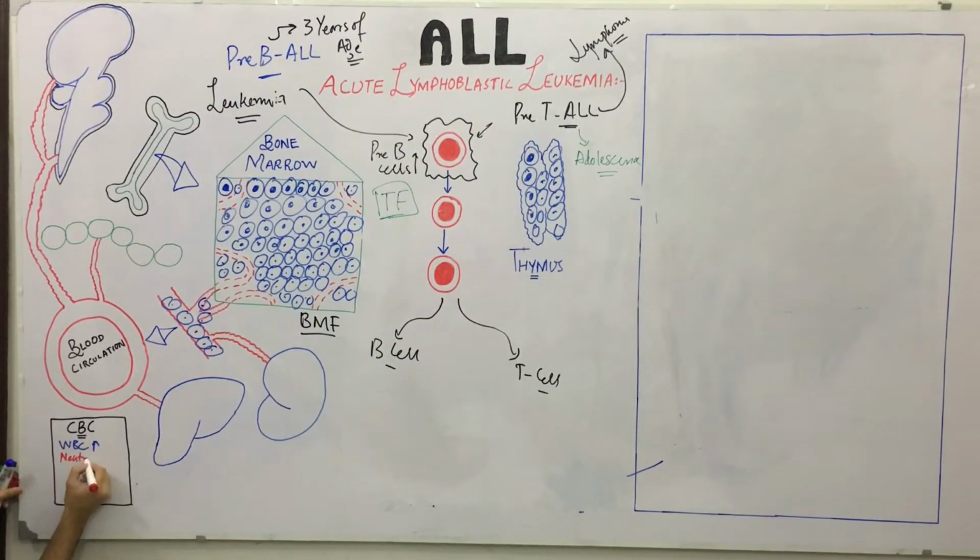we will have thrombocytopenia, and we will have fewer RBCs, or anemia. So, what is the clinical picture?